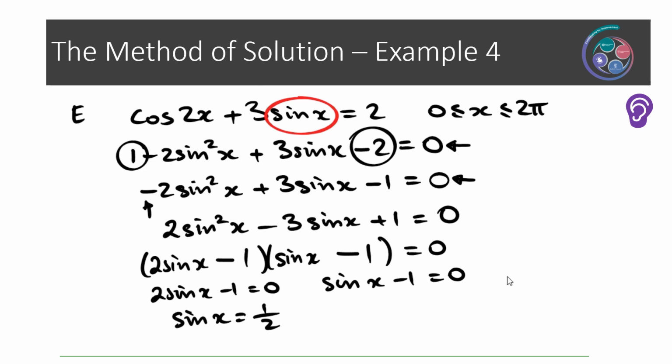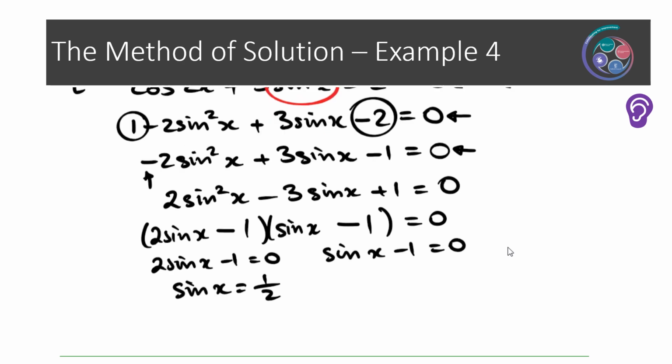Give me a second, I'll just move this up a wee bit so I've got some space to write. Once we've moved it up, when does sine x equal a half? From our all sine tan cos diagram, sine being a positive value means we're ticking these two boxes here. Your brain is probably going, when is sine a half? It's 30 degrees, but remember the question says do it in radians.